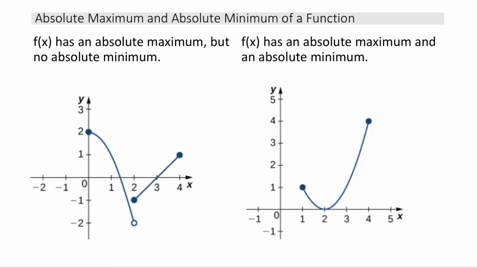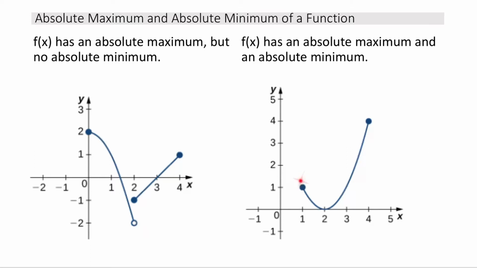However, if I go down to this empty circle here, I can't classify that as an absolute minimum value on this graph, because you're approaching -2 in the y, but you never actually arrive there. You can continue to get closer and closer to -2, so you don't have a certain particular value that we can claim is the absolute minimum value. So we say this graph has no absolute minimum value.